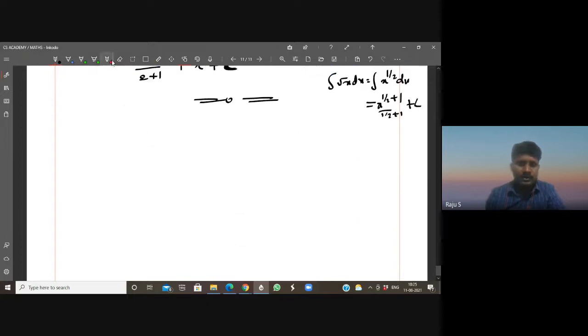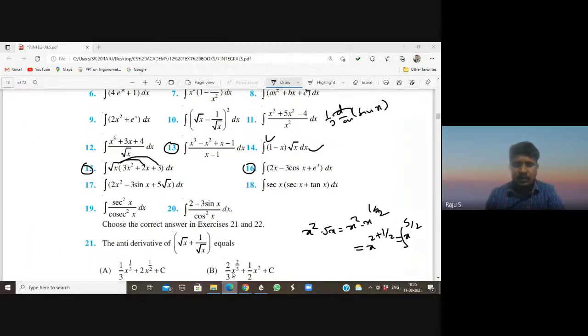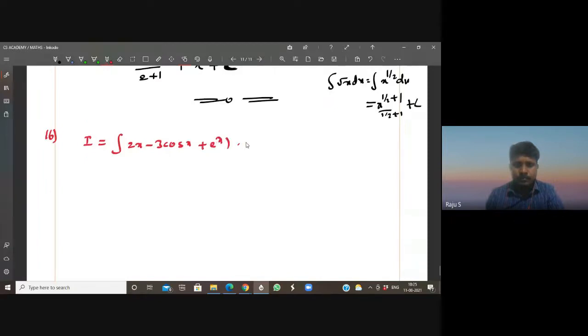What is the 16th question? I is equal to integral of 2x minus 3 cos x plus e power x.